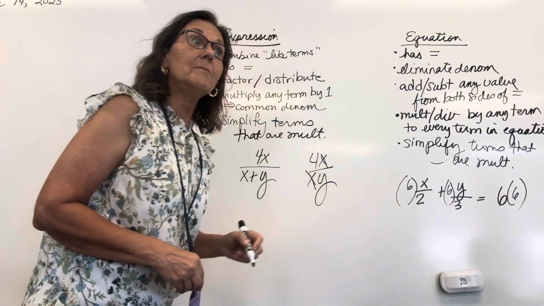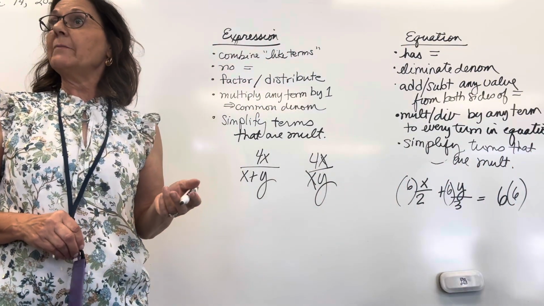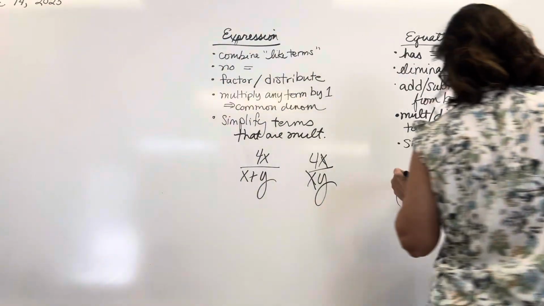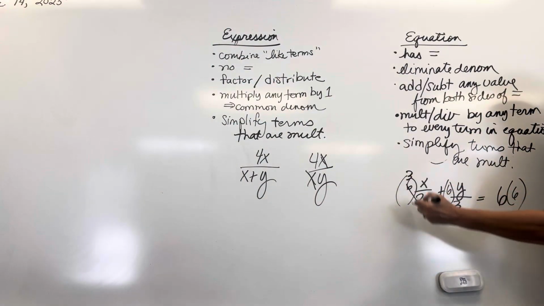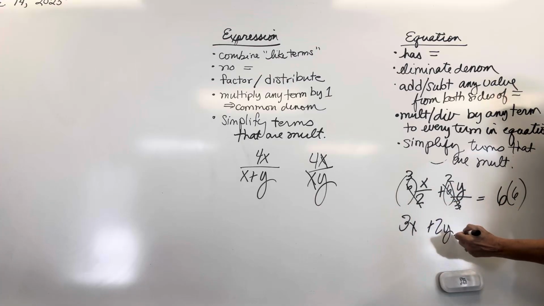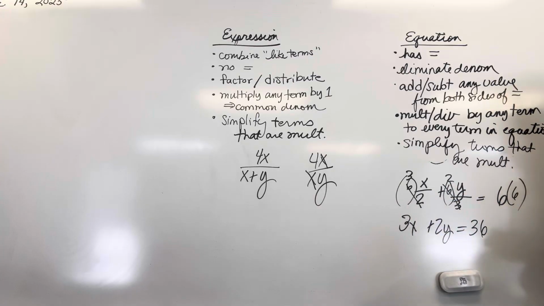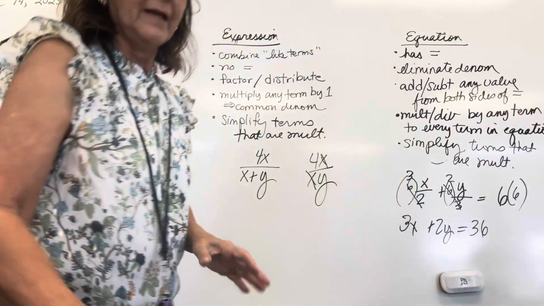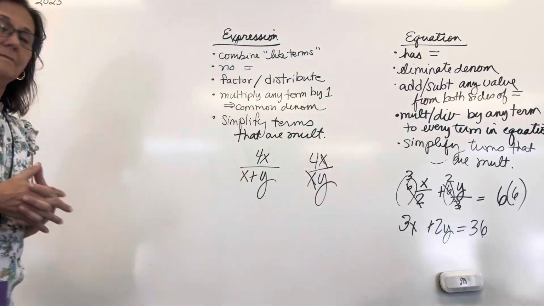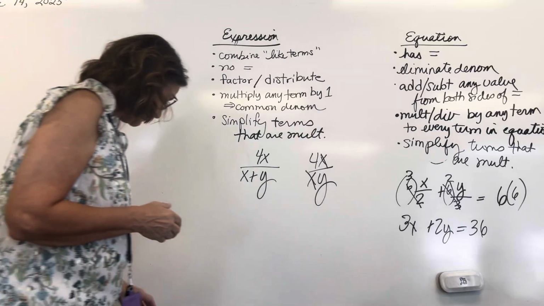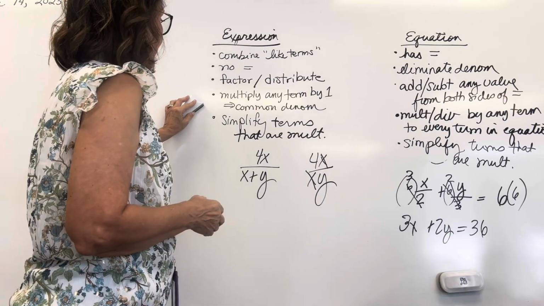The least common multiple. And now can I simplify? Yes, because these terms are multiplied. So when I simplify, that becomes 3x plus 2y equals 36. All right. Got it? The rules are fundamental. That's the first part of this lesson.